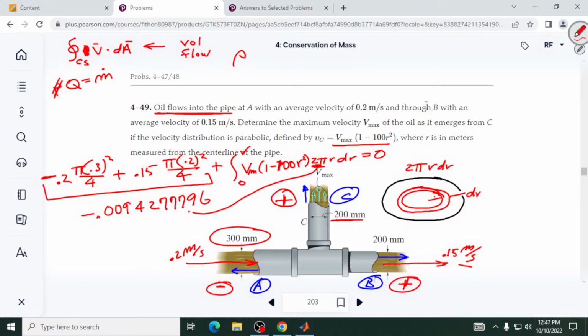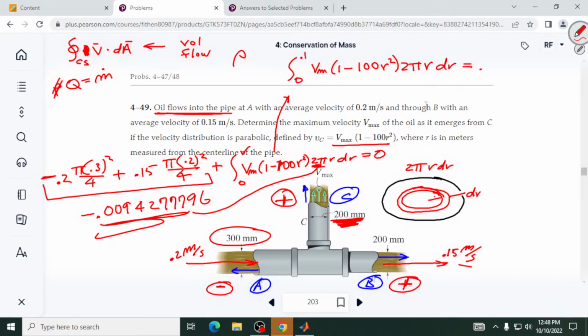So in other words, if I took this up here and I made this symbolic, 0 to this radius, which is not 0.2 but 0.1, Vmax 1 minus 100 r squared 2 pi r dr is going to be equal to the positive version of that, 0.00942.